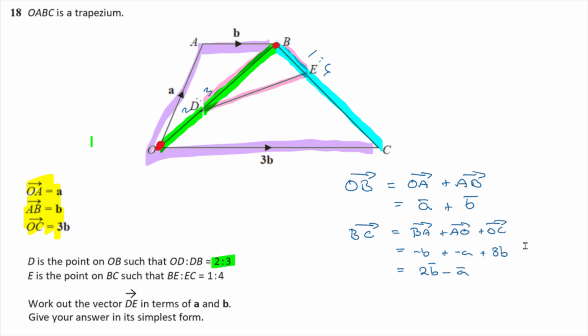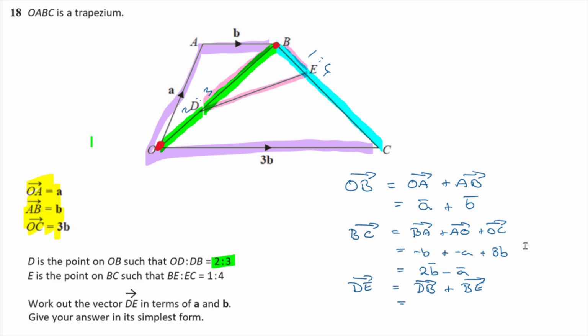So I can say then that if I want to go from d to e, that is the same thing as going from d to b and then going from b to e. Okay, but d to b is a fraction of o to b, isn't it?